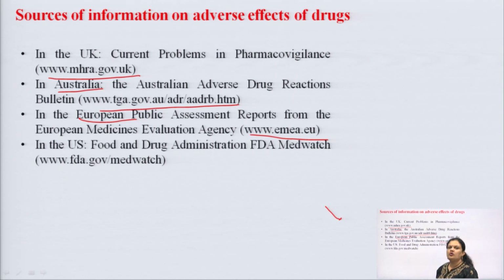EU means European Union. And next, I hope everyone knows, is the US FDA. In the United States, we have the Food and Drug Administration, FDA MedWatch, and the link is www.fda.gov/medwatch.